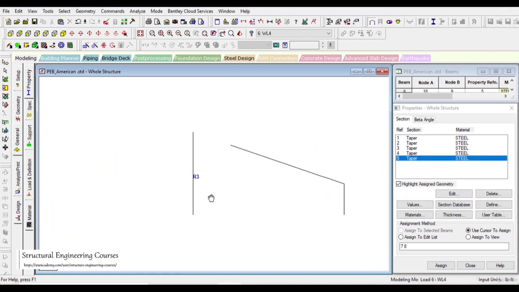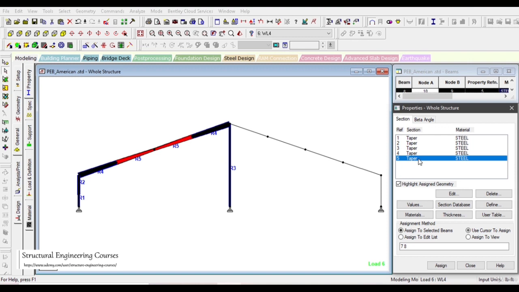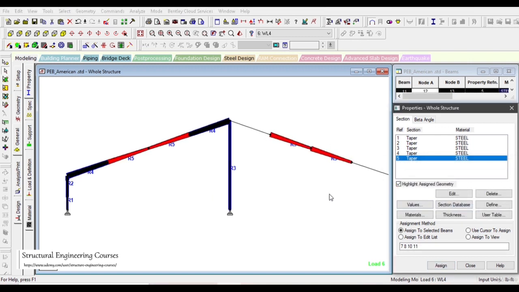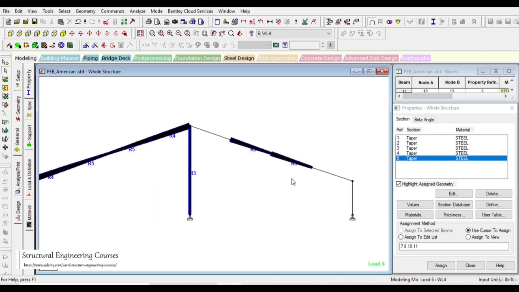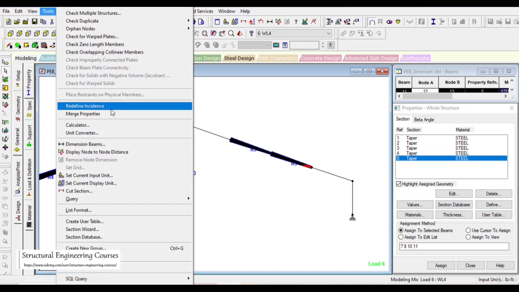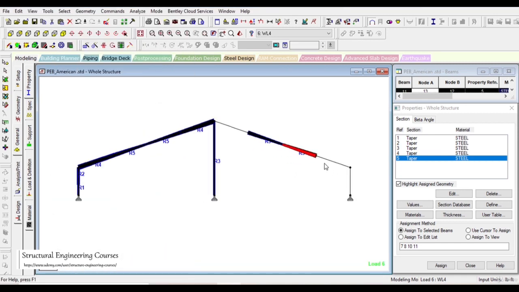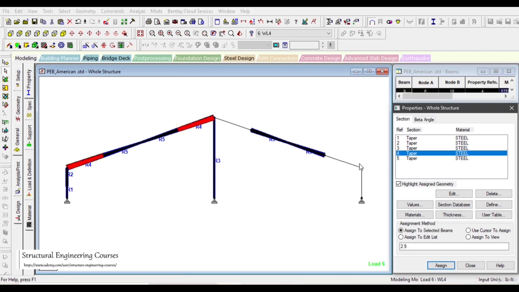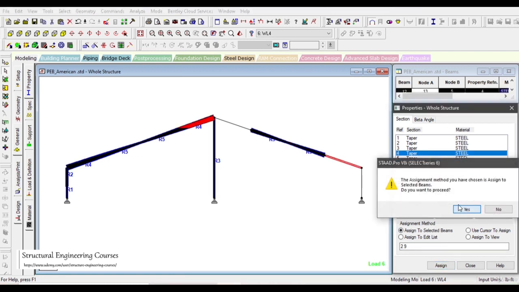Similarly, we do need to apply the same arrangement here also. Tools, and redefine incidence and switch incidence of selected beams, and after that we can take it like this.